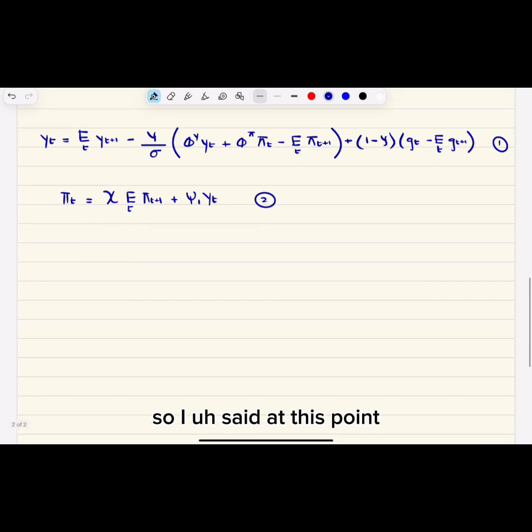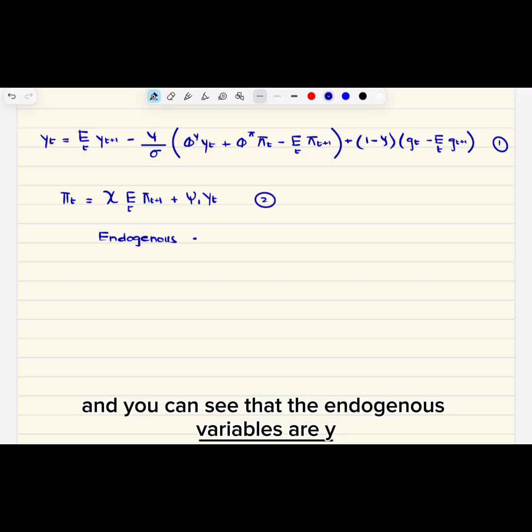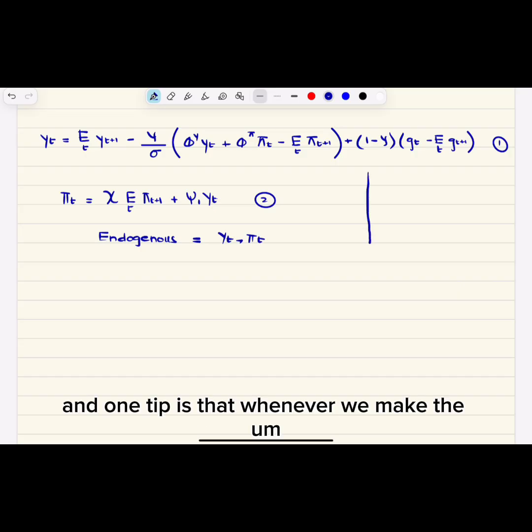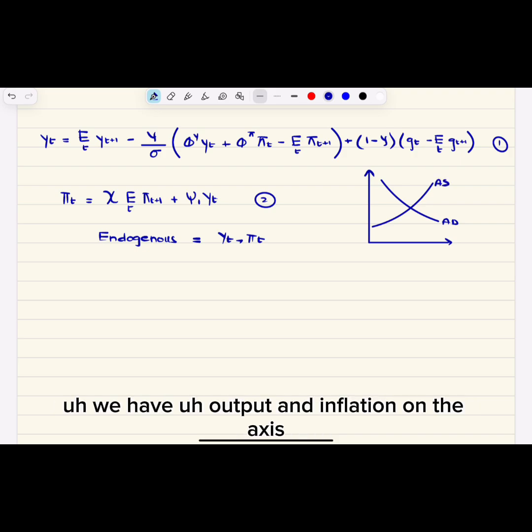At this point, the first most important thing is to identify the endogenous variables. And you can see that the endogenous variables are Y_t and inflation pi_t. One tip is that whenever we make the aggregate demand curve and the aggregate supply curve, we have output and inflation on the axis.